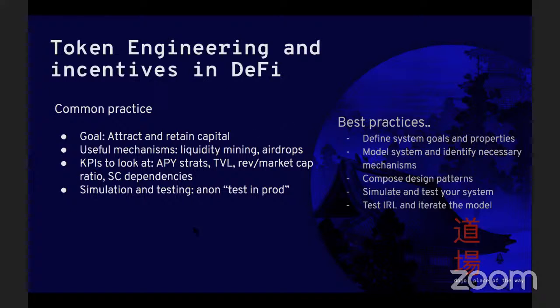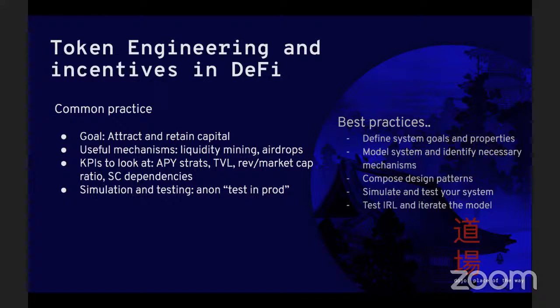So you have a lot of schemes where protocols incentivize users to contribute liquidity to the network, and for that they are rewarded in gov tokens or other types, but most of the time actually governance tokens.